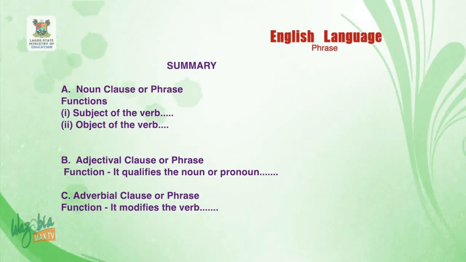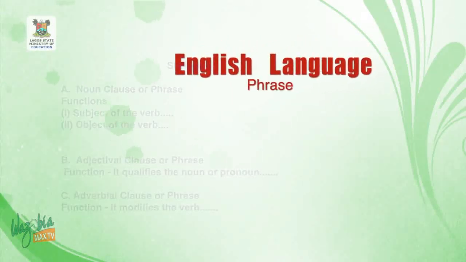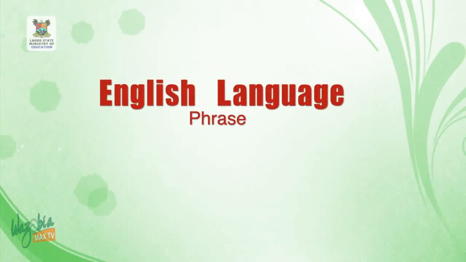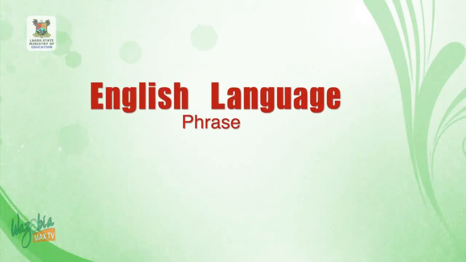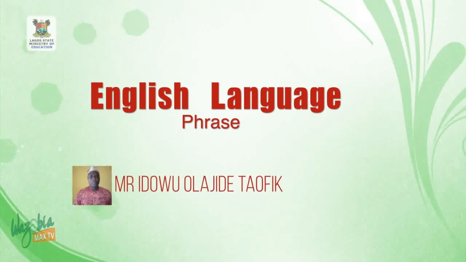This particular one has one basic function, which is it qualifies a noun or a pronoun, while adverbial clause or phrase modifies a verb. Please students, don't interchange these functions so that you will not have 0 in the two aspects. The two aspects will give you 3 marks. Thank you.